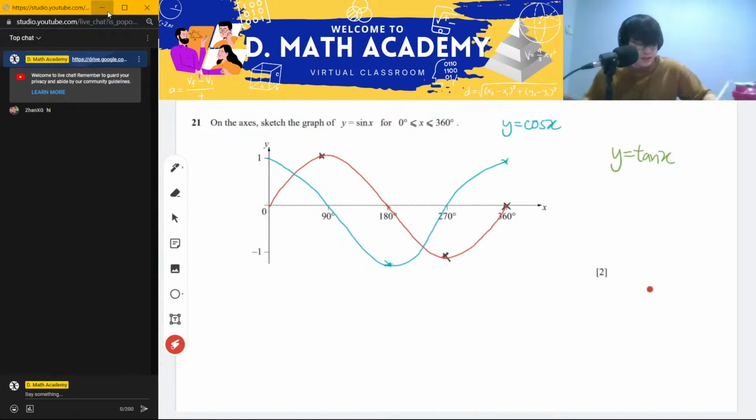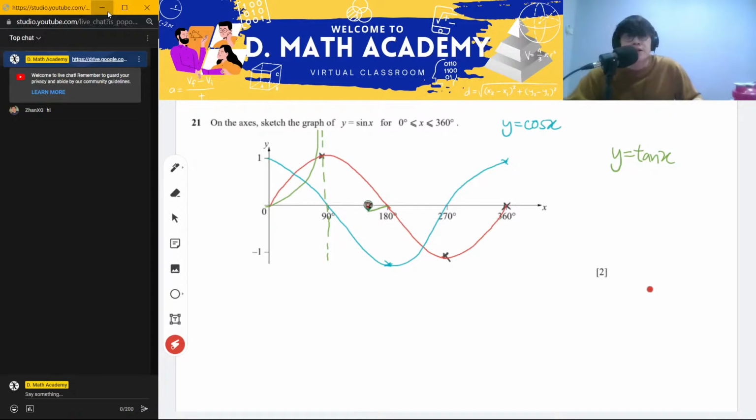So the last one is the tangent graph. Kindly take note, when you key in tangent 90, you get math error. So 90 is a special point for tangent. It will never touch 90 basically. So how a tangent graph will look like is it gets closest to the dotted line, but never touches it. Then it will connect to 180.